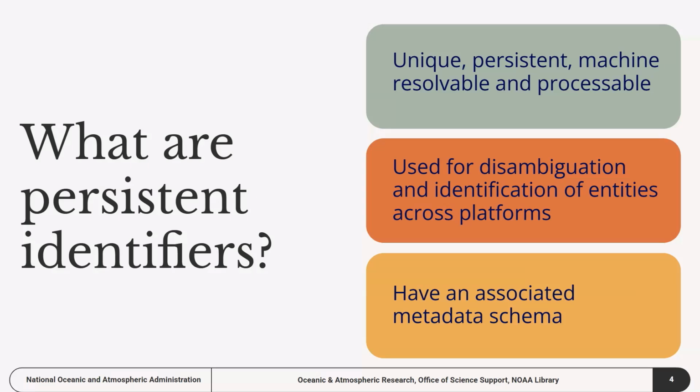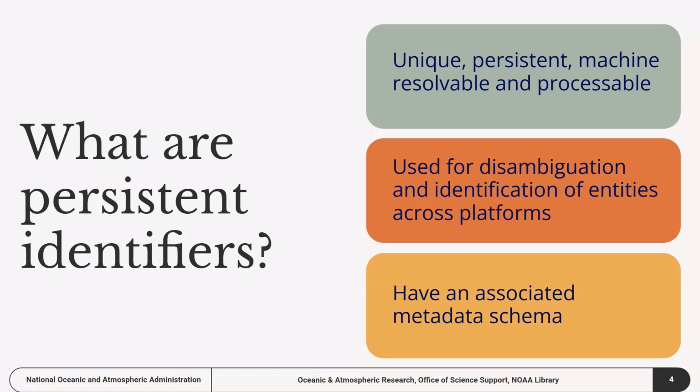So, what exactly, and I'm sure for a bunch of you this is some refresher, but bear with me just in case, what exactly is a persistent identifier? So, a persistent identifier is a unique, persistent, machine resolvable, and processable identifier. We use them for disambiguating and identifying different entities across multiple platforms throughout the research and development lifecycle.